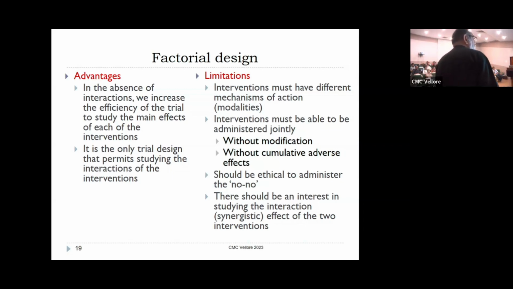It should also be ethical to administer the no-no. If you're studying people with a certain condition that is bad, and not giving one intervention, suppose they're now doing controls that are like placebos, you must be able to ethically give nothing to these people. So again, an ethics committee may say, no, you can't do that. You've got to give them something.